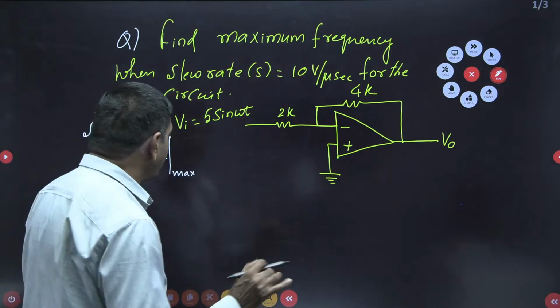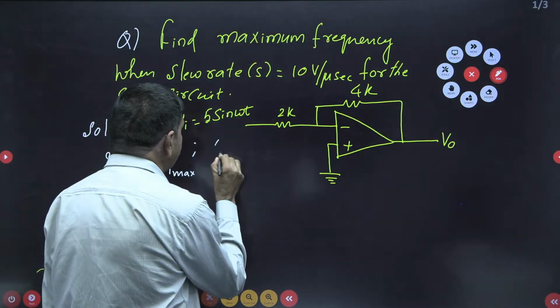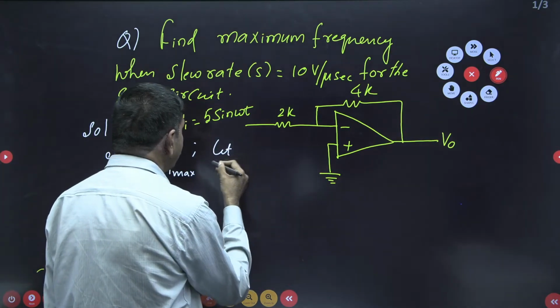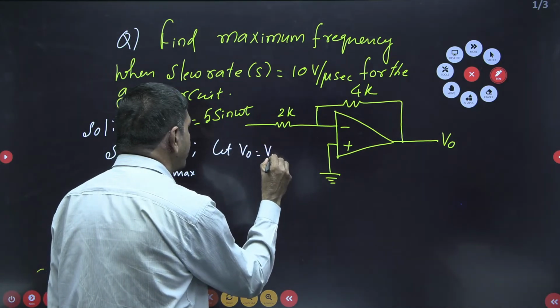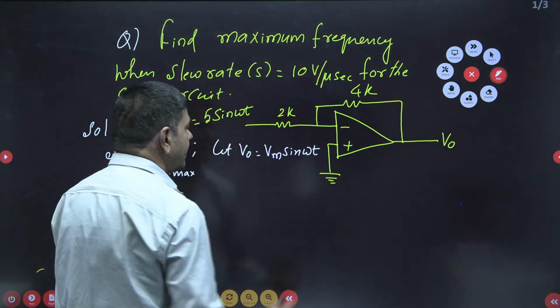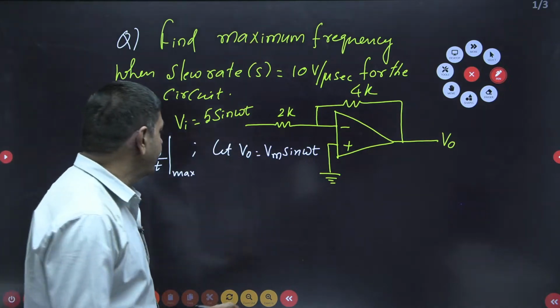Let us make a small assumption. You can understand clearly. Suppose I assume the output voltage V0 is given, for example, as Vm sin omega t. I am giving the formula initially.